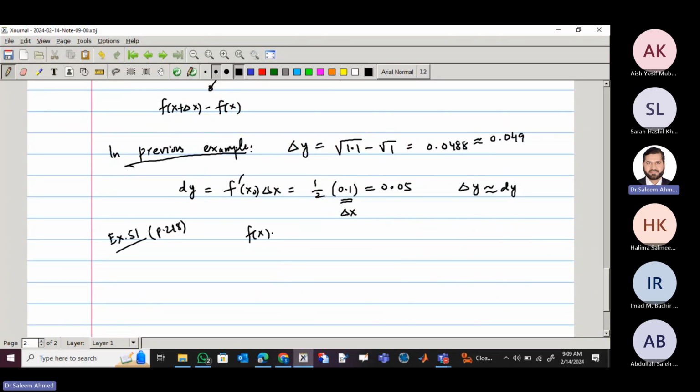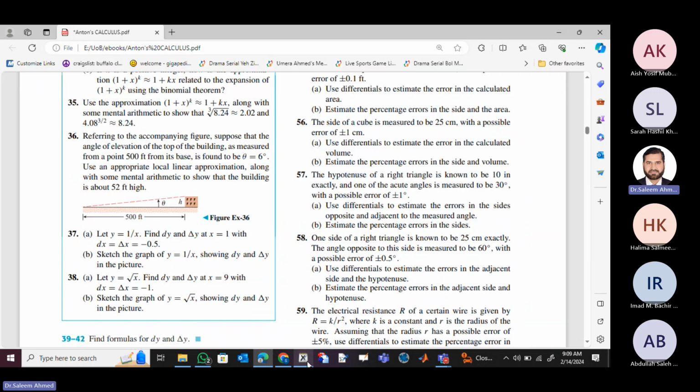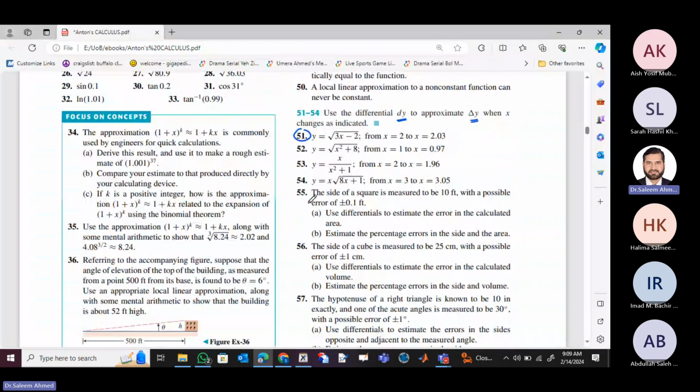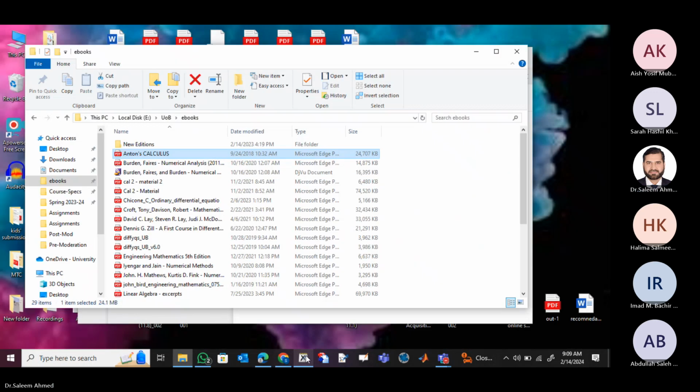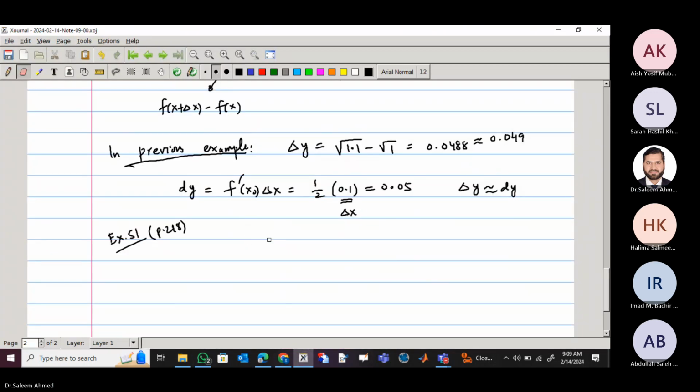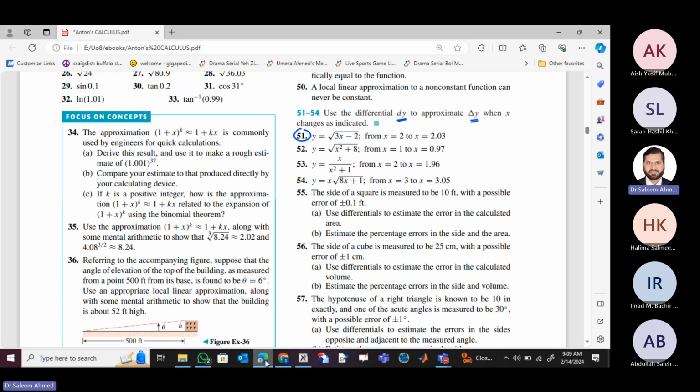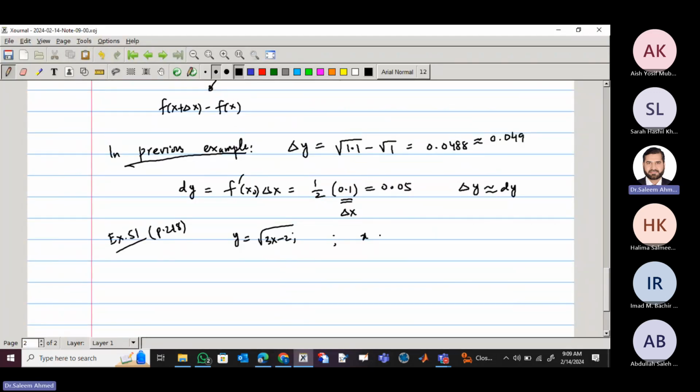Your f(x) is given. y is square root of 3x minus 2. And he said x changes from 2 to 2.03.